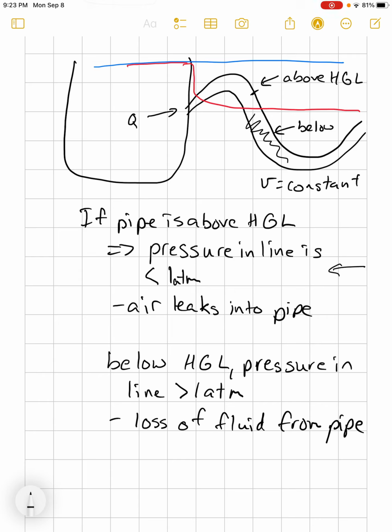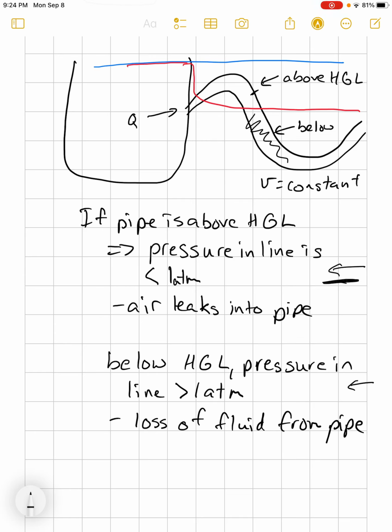So in that case, you definitely want to make sure that whatever line you're using to move that fluid out of the tank is not above that hydraulic grade line. Conversely, if it doesn't really matter if a little bit of oxygen or nitrogen gets in, it's not dangerous, then you can get away with having something that's under a lower pressure.